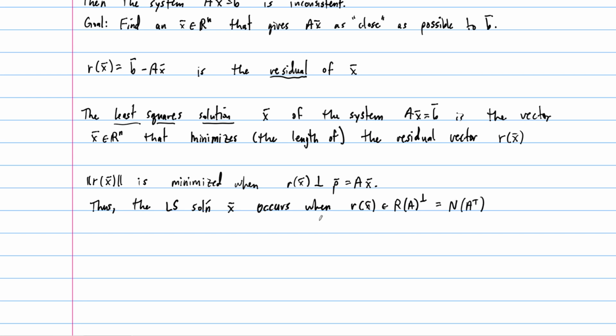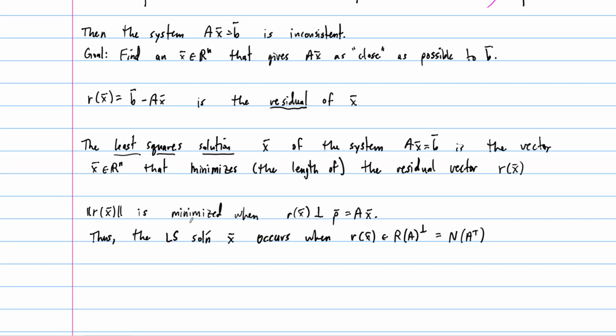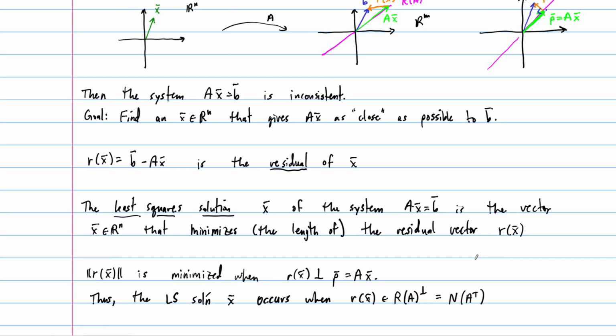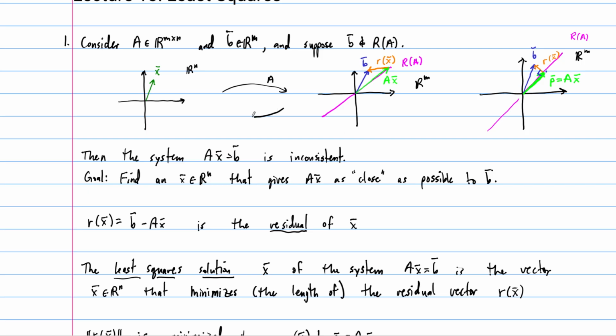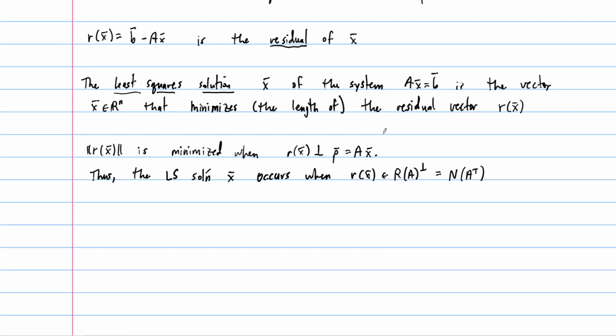So we're looking for a vector x for which R(x), the residual, is in the null space here. That's going to be our defining factor. Remember, A transpose maps in this direction, from R^m back to R^n. And so this vector right here, this R(x) that we're looking for, we want it to be in the null space, to map back to 0 over here in what was our domain space.